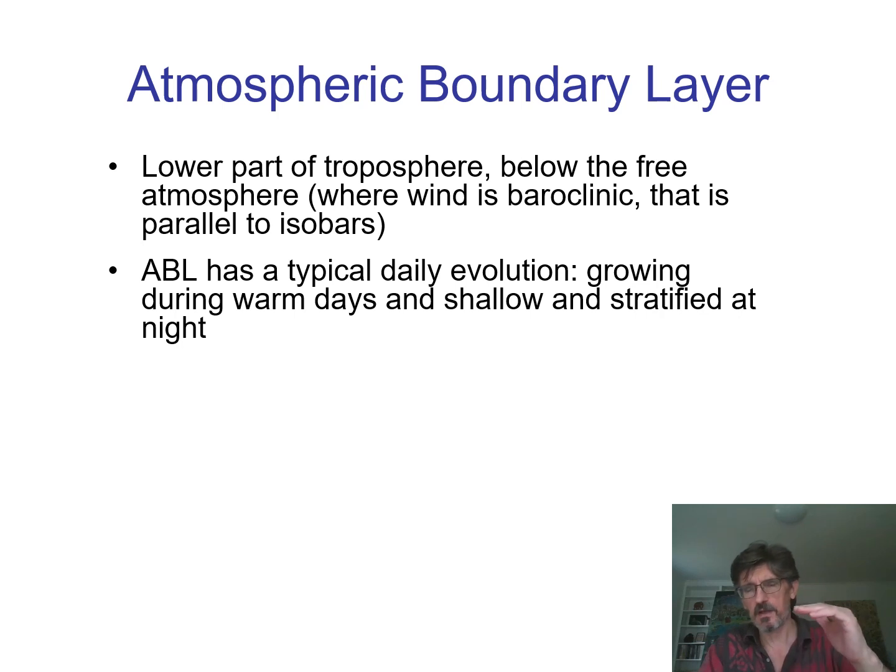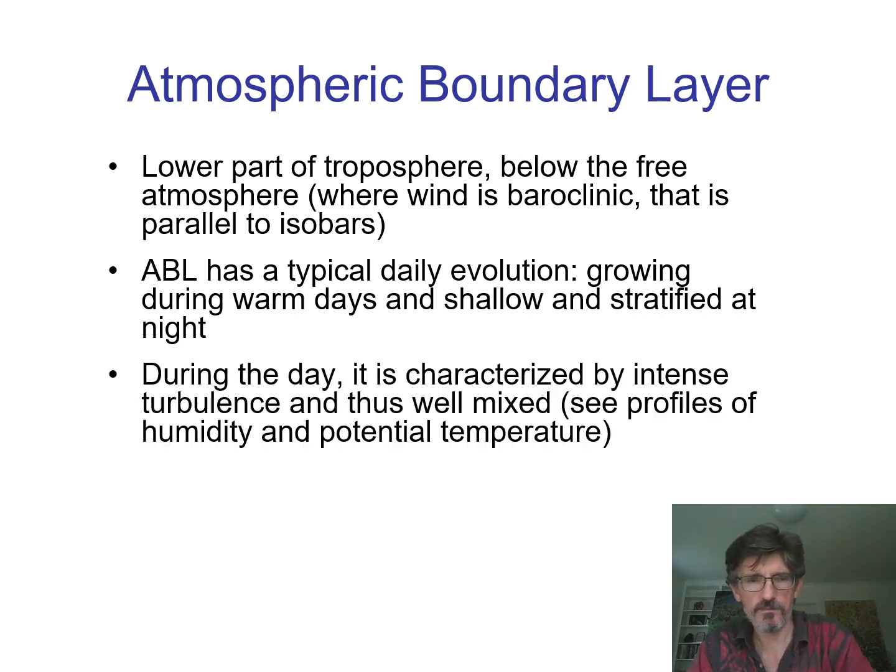It's typically thicker in the tropics and at the equator, and much shallower at higher latitudes. At night, it's a completely different story. It collapses in the evening. There is not enough energy, so it deflates like a balloon, and it remains stratified with less turbulence at night. It's very complicated. We'll not deal with the stable nocturnal boundary layer.